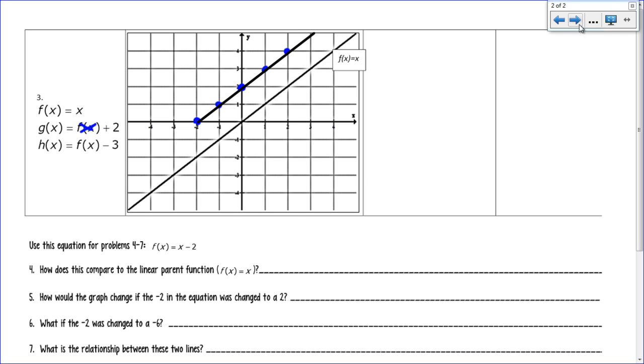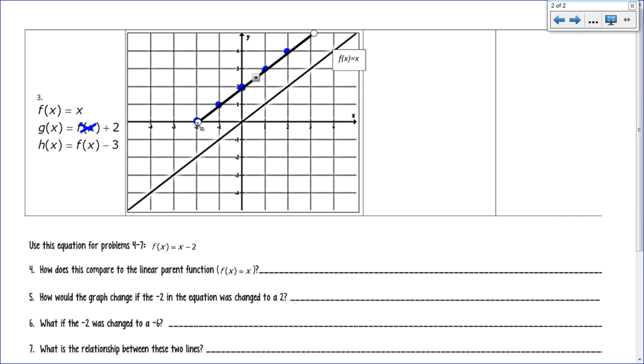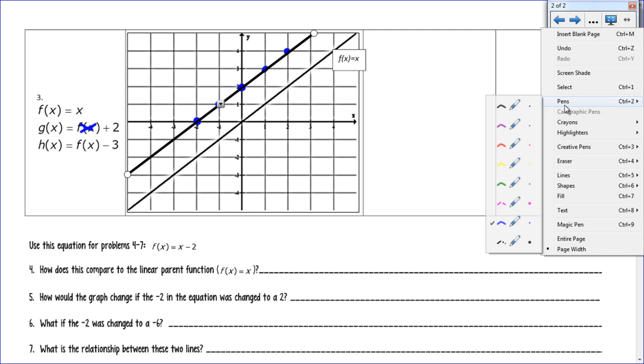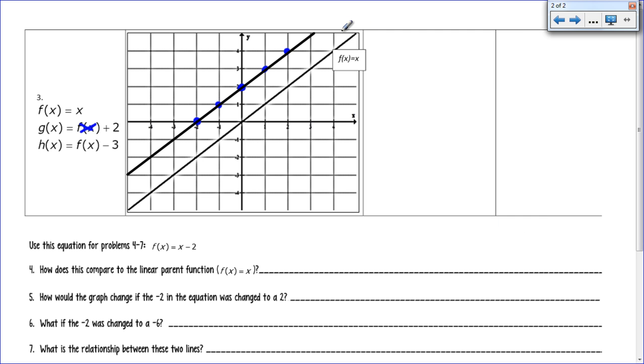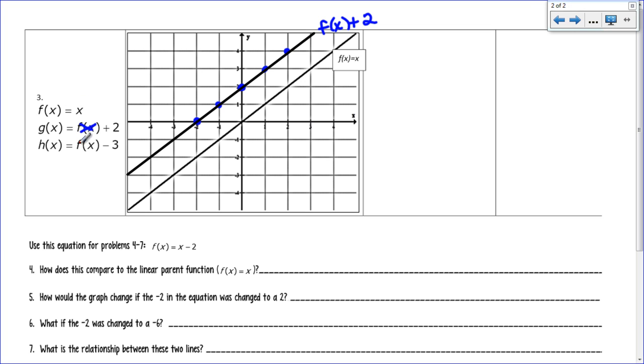And you should see that you have parallel lines again. I bet you can tell me why. Parallel lines, they're parallel because they have the same slope. You've heard me say it at least 4 times now. So these have the same slope, so they're parallel, but this one is the f of x plus 2. And then the next one says f of x minus 3. So it's the same thing, and my f of x is equal to x.